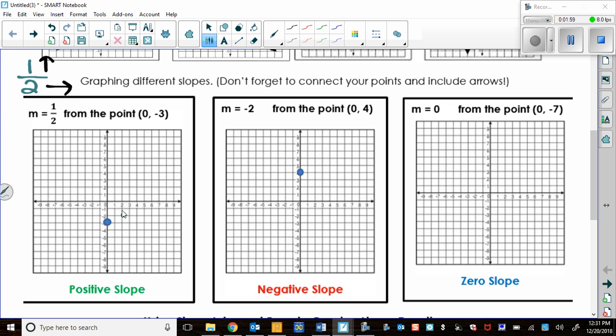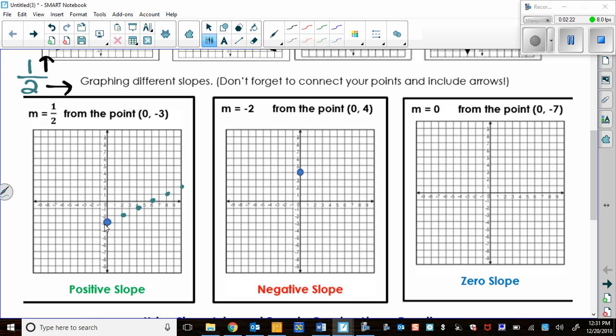Same thing, I'm going to go up 1 and over to the right 2. Up 1, over to the right, until I'm done with that side of the line. Then you have all this space down here. You also want to continue down with the same slope. So instead of going up 1, I'm actually going to go down 1.